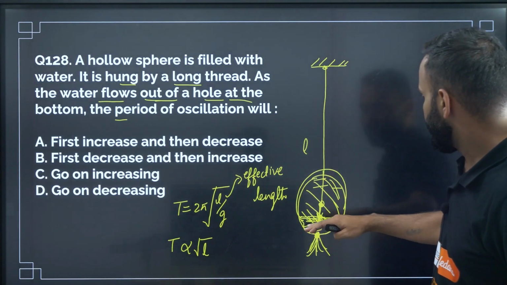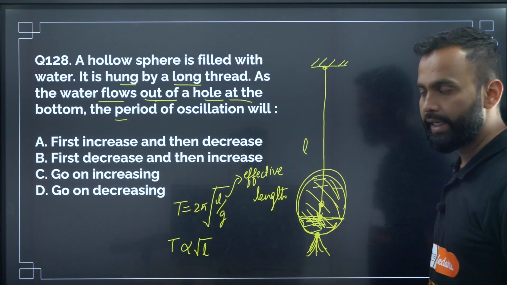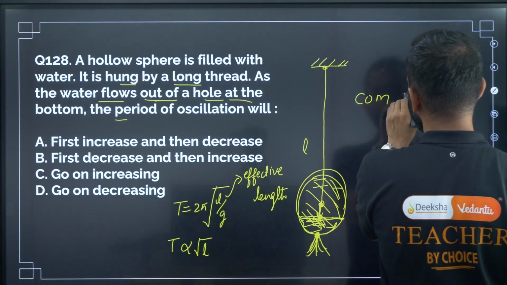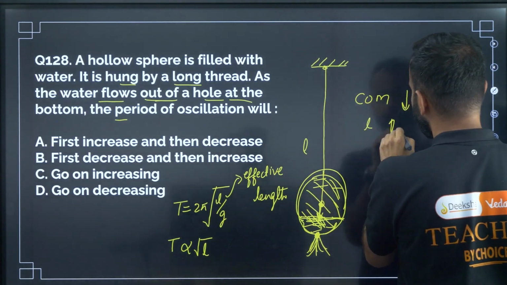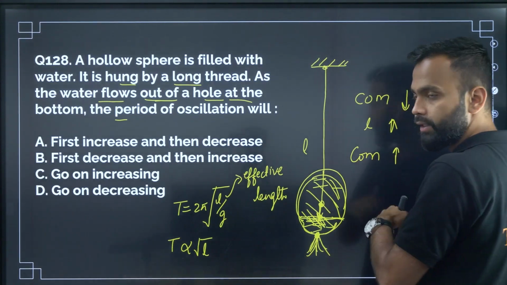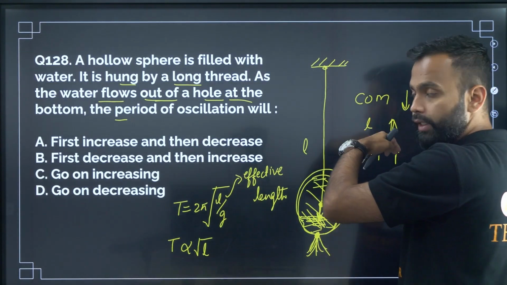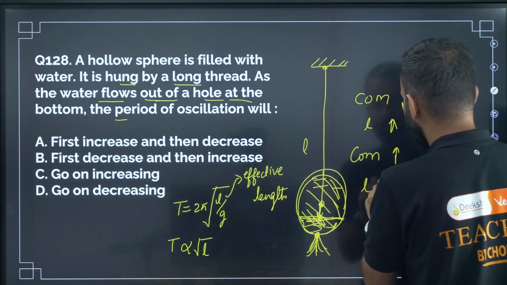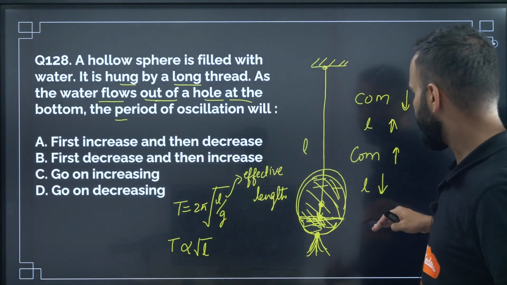So first the center of mass moves downward, that is, the effective length increases. Then the center of mass moves in the upward direction, so the effective length decreases.